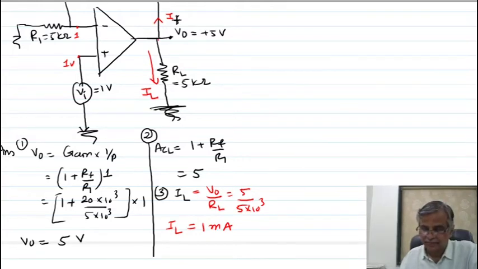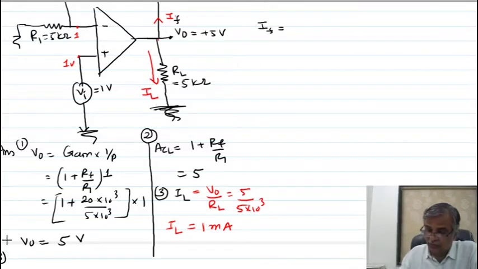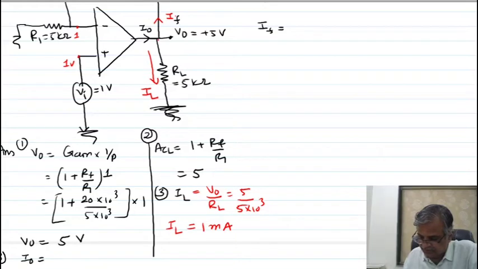What is IF? I have to find this current coming out from this IO. IO is nothing but IF plus I1.